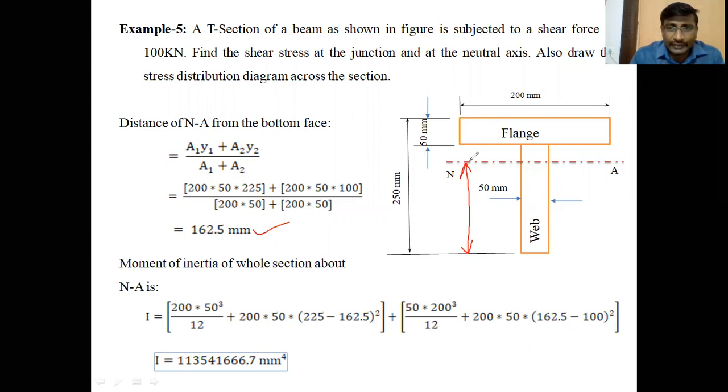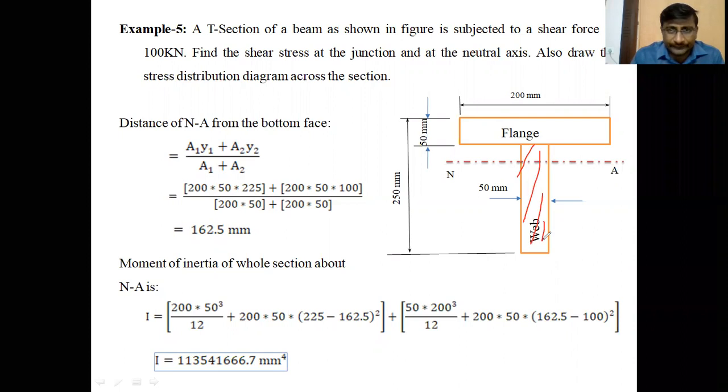After locating the neutral axis from the bottom face, find the moment of inertia of the whole section about the neutral axis. How to find it? The moment of inertia of the whole section about the neutral axis is the moment of inertia of the flange about the neutral axis plus the moment of inertia of the web about the neutral axis.